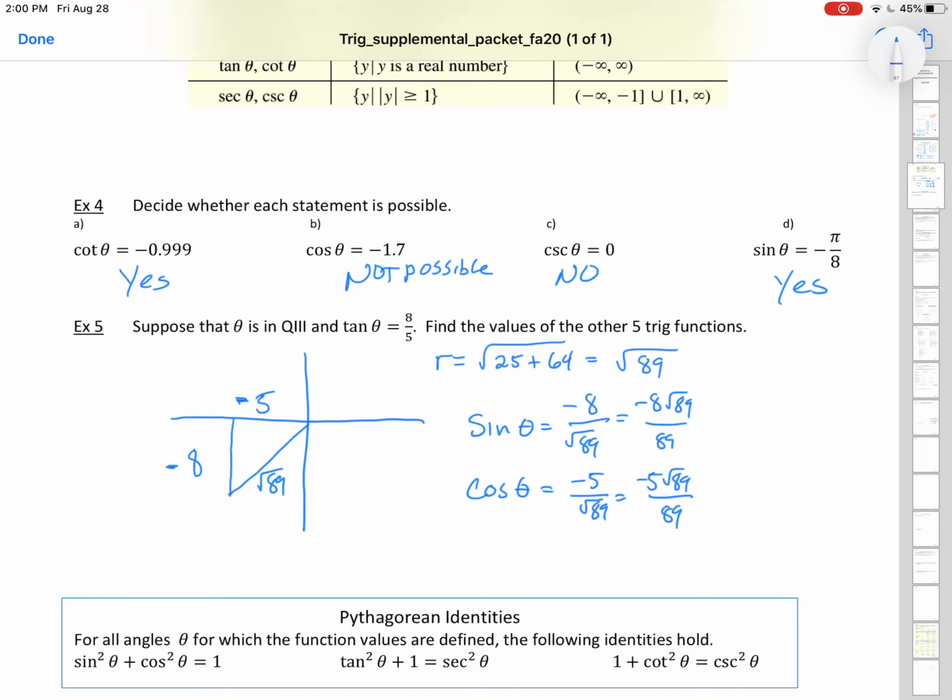Well, we know the tangent. It was 8/5, so I'm not going to write that. It said the other 5. So what's the cosecant? The flip of sine? That is root 89 over 8, but negative. What's the secant, or the flip of cosine? Well, that's negative root 89 over 5. And what's the cotangent? That's positive 5/8, right? The flip of that guy.